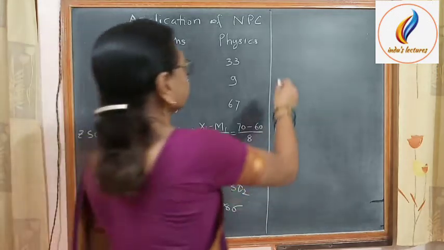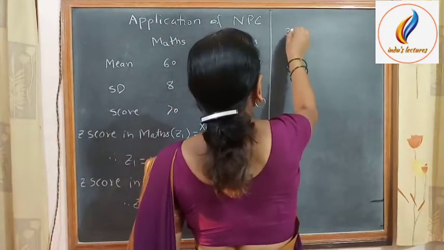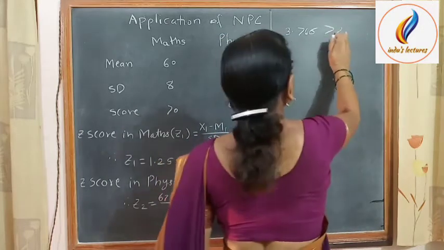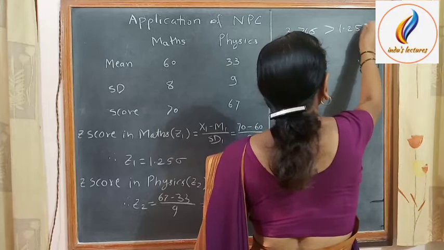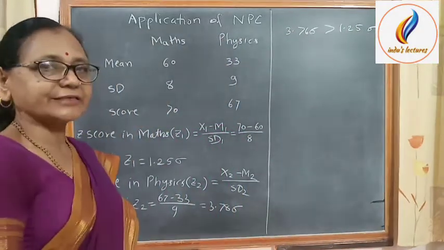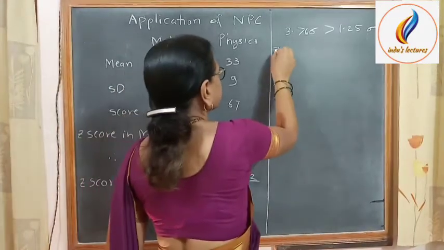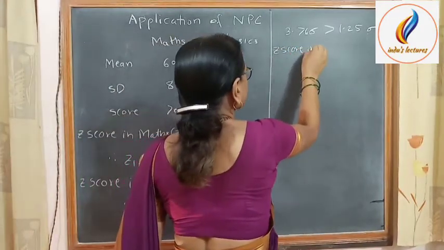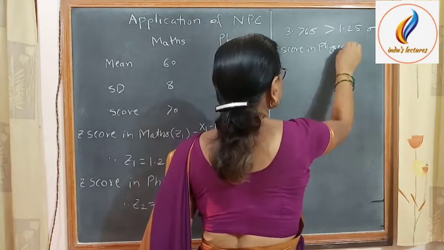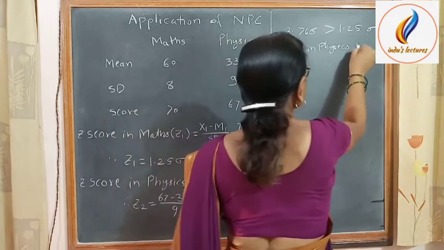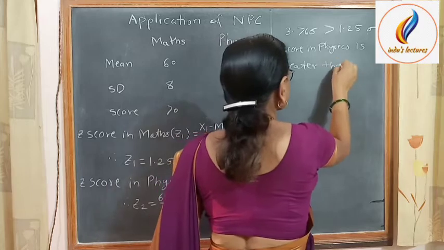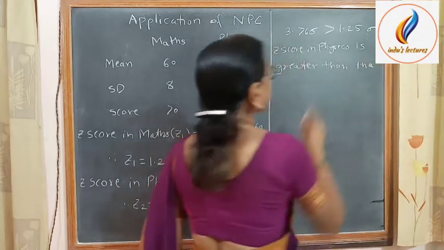From this we can say that 3.78 sigma is greater than 1.25 sigma. That means the Z score in physics is greater than the Z score in mathematics.